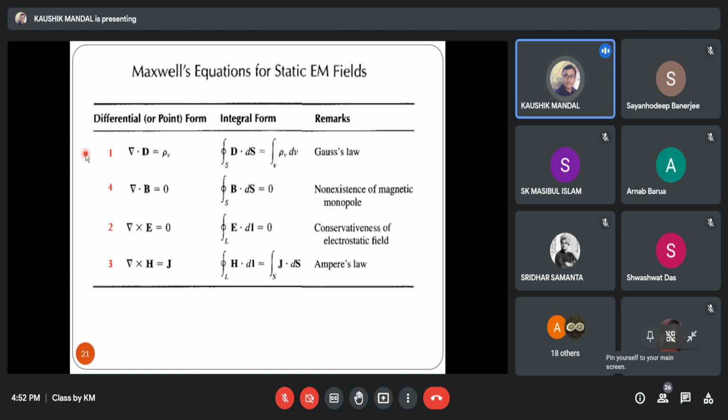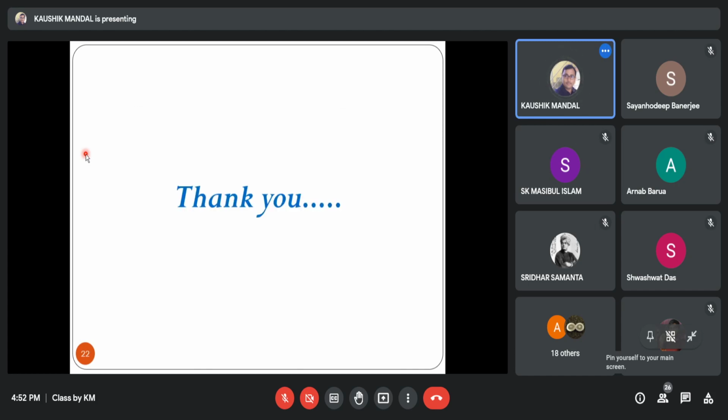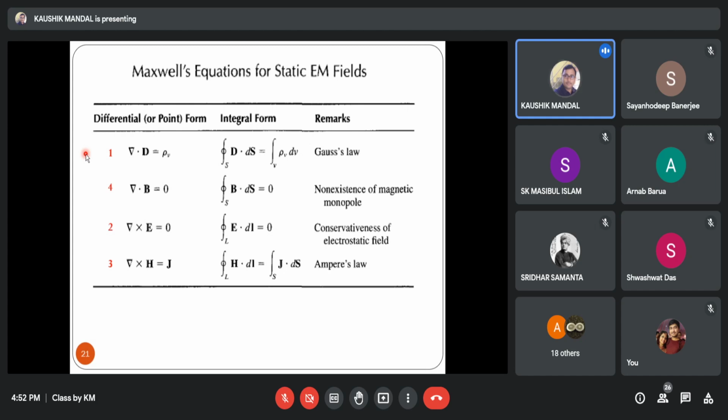So that's all for today's class. The Maxwell equations for time varying electromagnetic fields will be discussed in the next class. Apart from that, we have to discuss Faraday's law and boundary conditions for magnetic fields, which remain from magnetostatics.